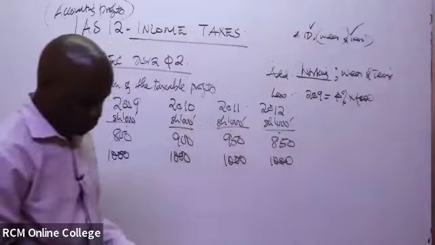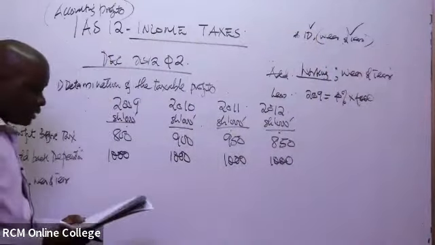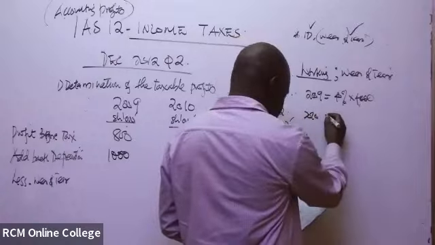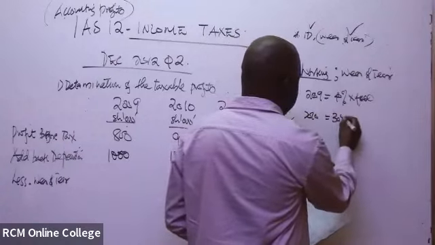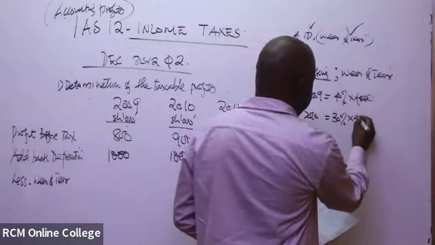Then in 2010 it was 30% of the cost of the asset. Then 2011, it was 20% of the cost of the asset. Then 2012, it was 10% of the cost of the asset.